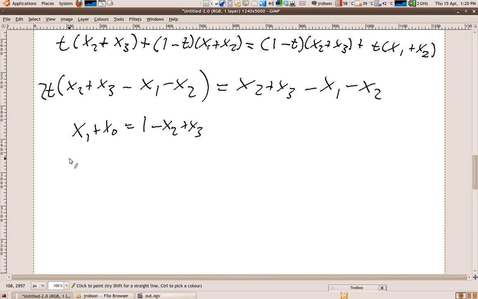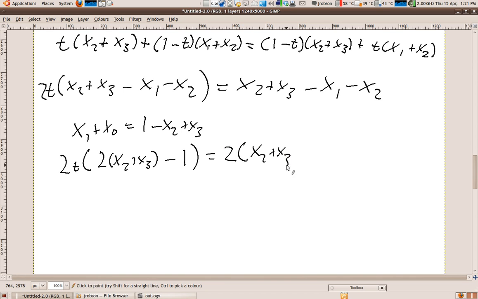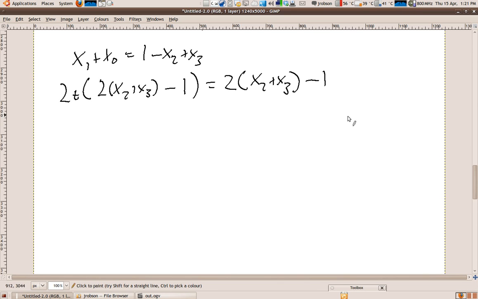So we can also write this as 2t times 2 times x2 plus x3 minus 1 equals 2 times x2 plus x3 minus 1. So clearly, if x2 plus x3 equals a half, this is going to be 0. What is x2 plus x3?